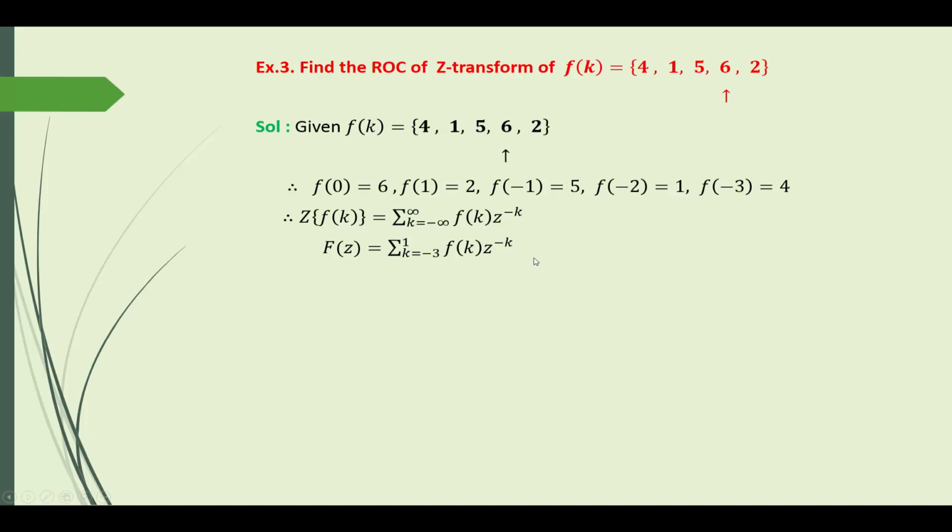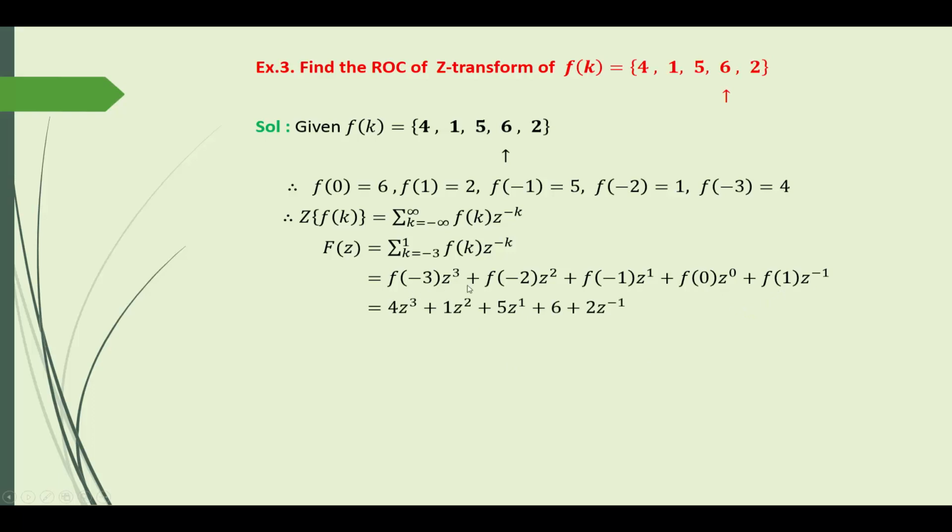Now expand this series, put the value of k is minus 3 first: f of minus 3 z raised to 3 plus f of minus 2 z square plus f of minus 1 z raised to 1 plus f of 0 z raised to 0 plus f of 1 z raised to minus 1. Put the values of f of minus 3 is 4, f of minus 2, f of minus 1, f of 0 and f of 1.